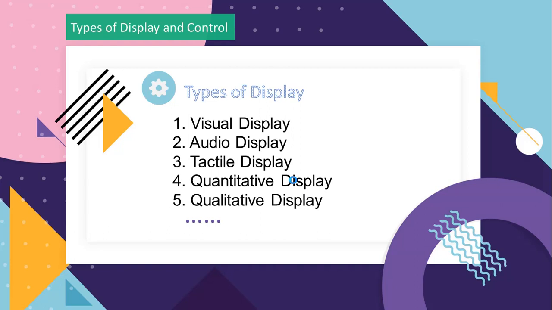The fourth is quantitative display. There are some types of quantitative display. The first one is fixed scale with moving pointer. The second one is moving scale with fixed pointer, and the third one is digital display.